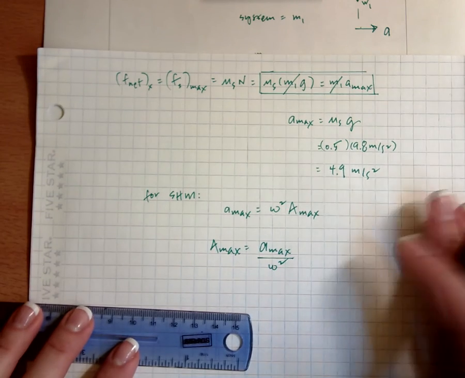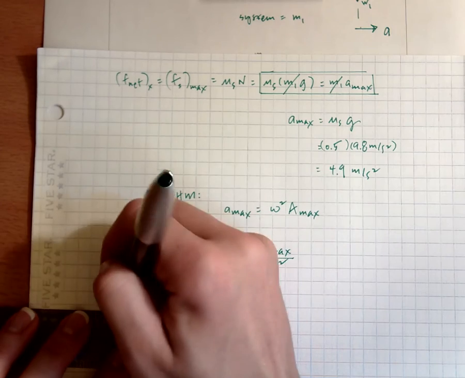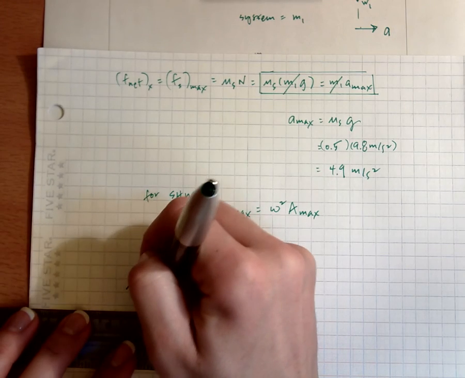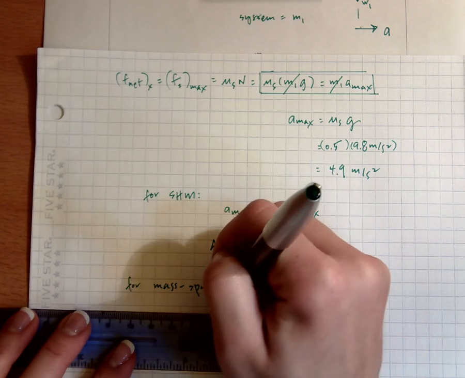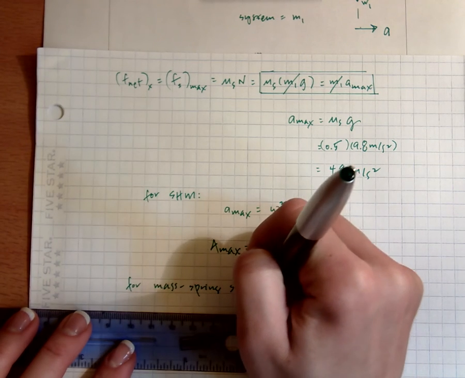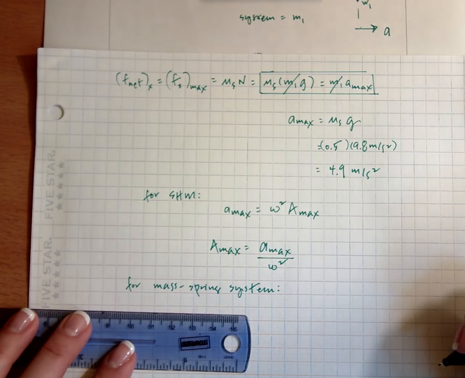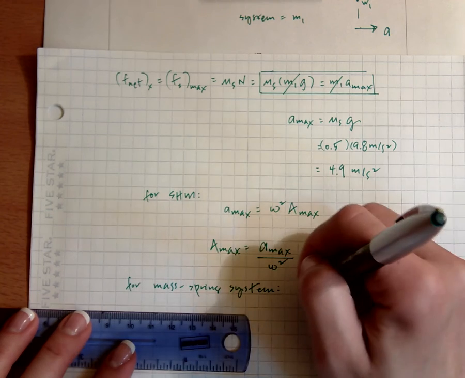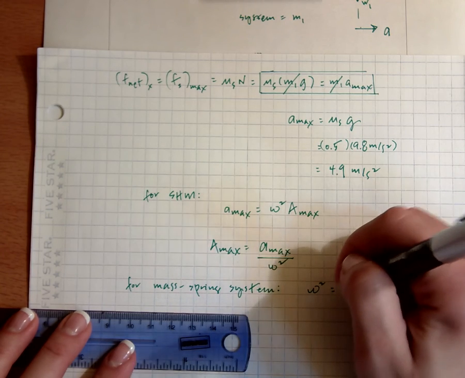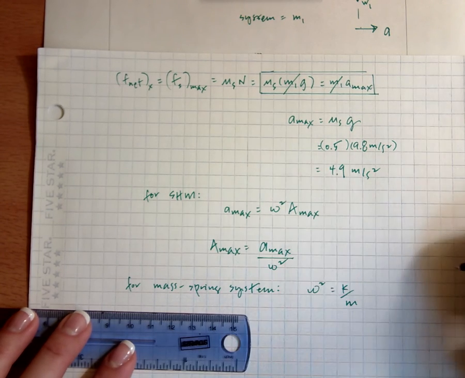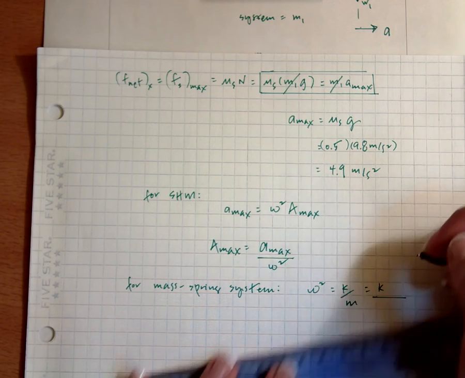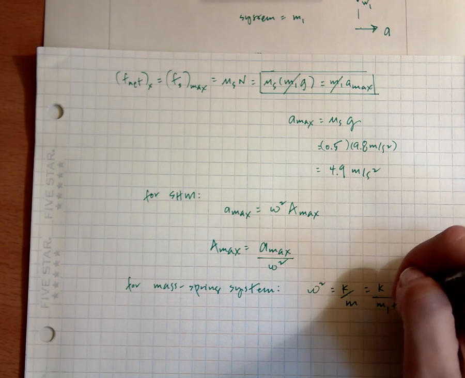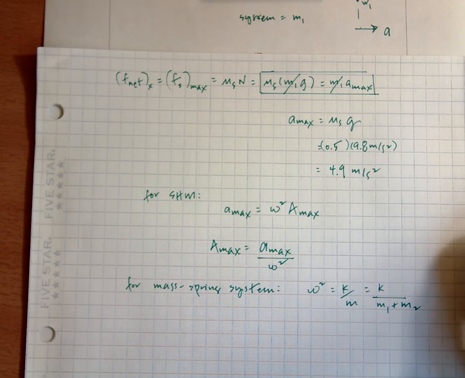Also, we know that for a mass spring system, in general, omega squared is going to be given by k over m. And for this system, we have two masses moving together. So we've got to include both of those masses.